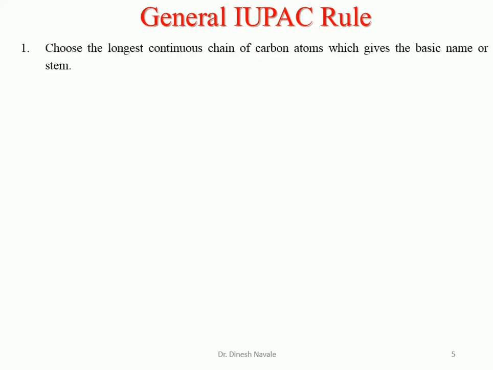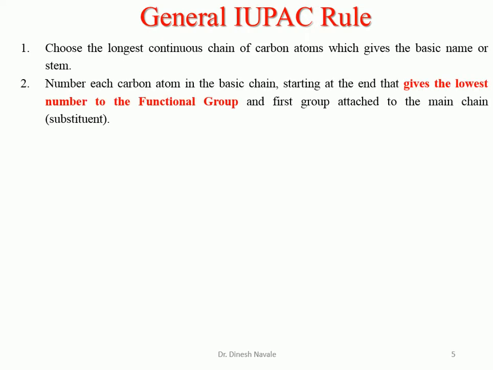The very first rule is: choose the longest possible carbon chain, which is the basis of any organic nomenclature in the IUPAC system. Second rule: after choosing the longest possible carbon chain, give the lowest possible number to the principal functional group and the first group attached to the main chain, that is a substituent.